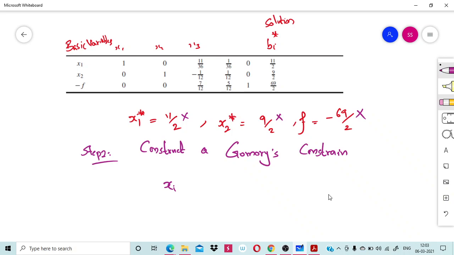You have to observe the solution column and find which of these basic variables has the maximum fractional value.